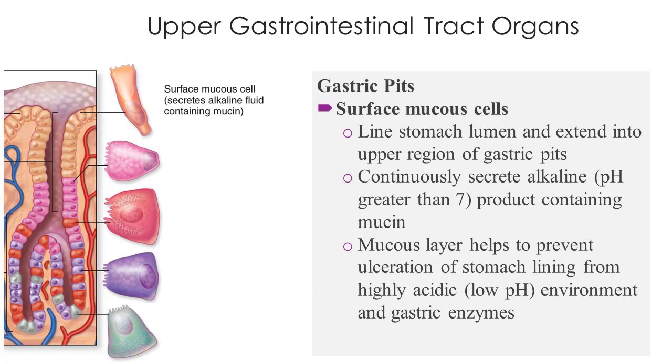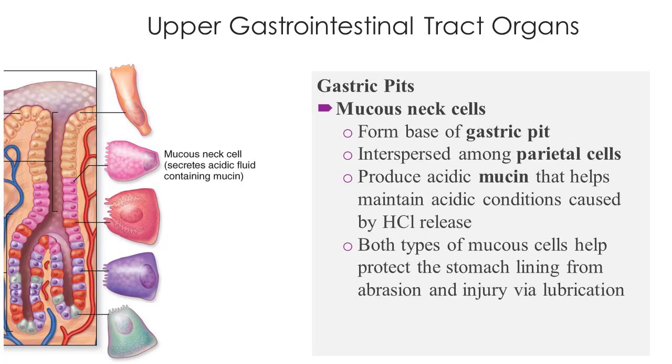Now we're going to extend our way down into the gastric pit, and this is where we have what are called mucous neck cells. These aren't necessarily exactly the same mucus producing cells as we had on the previous slide at the surface, because these mucous neck cells, while they do still produce mucin, the component that when hydrated makes mucus, notice they're producing acidic mucus.